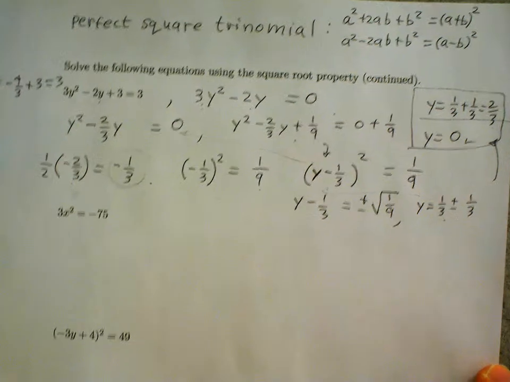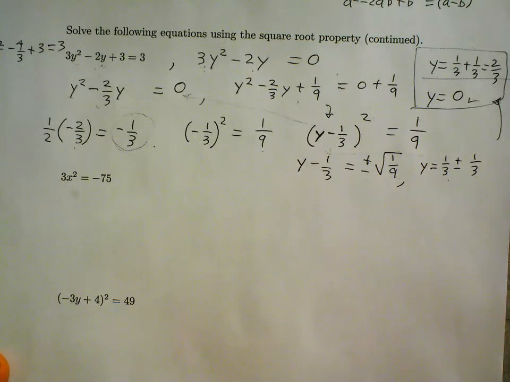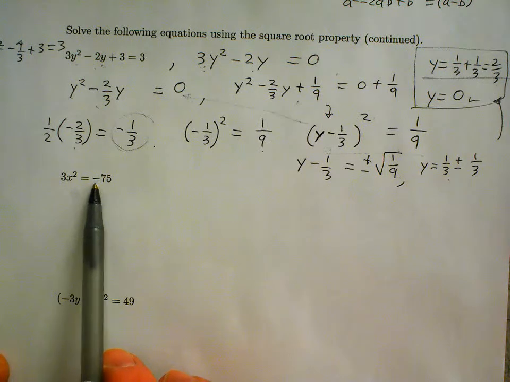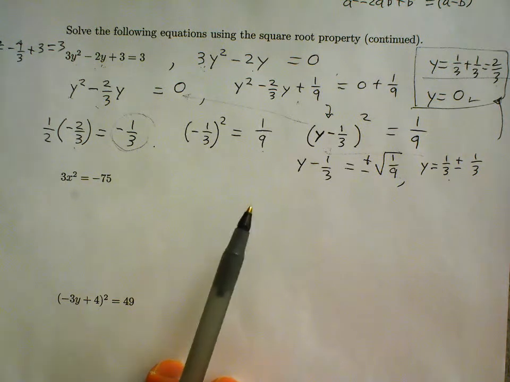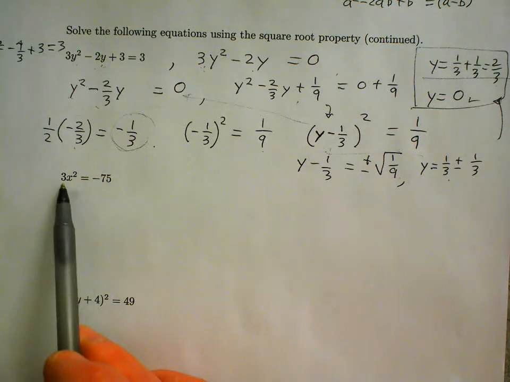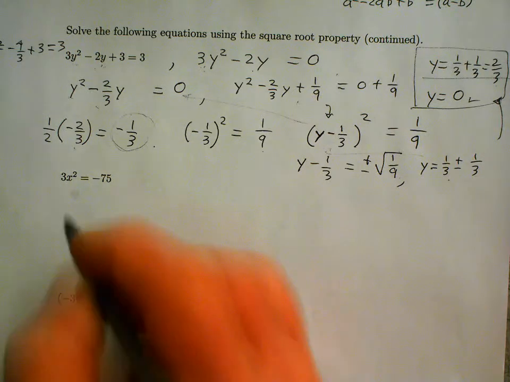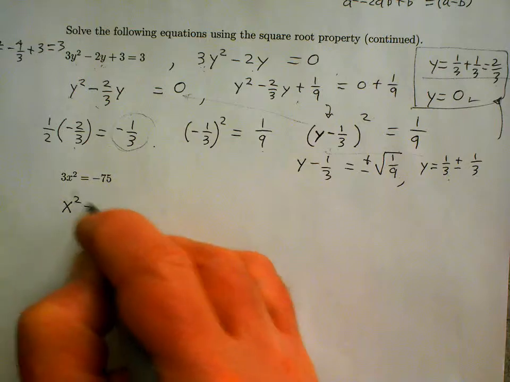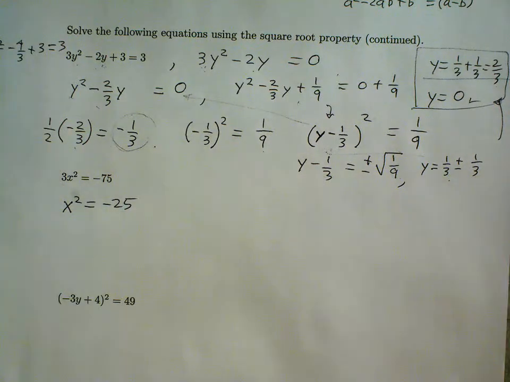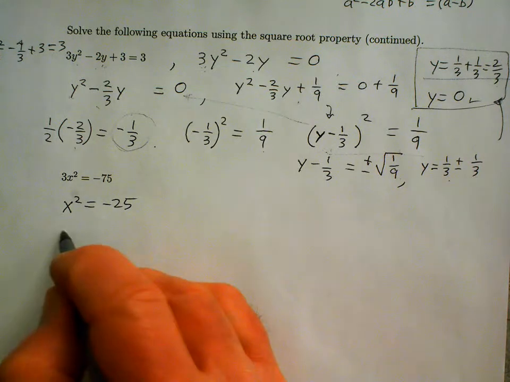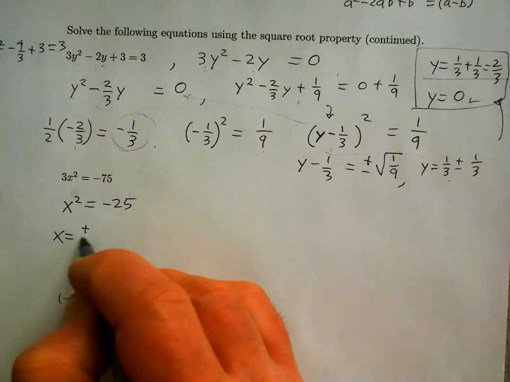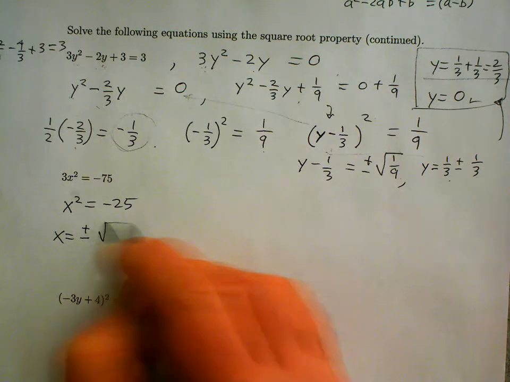Okay, let's look at the next example. 3x squared equals negative 75. Solve this by the square root property. First, divide both sides by 3. We get x squared equals negative 25. And then apply the square root property. We get x equals positive and negative square root of negative 25.